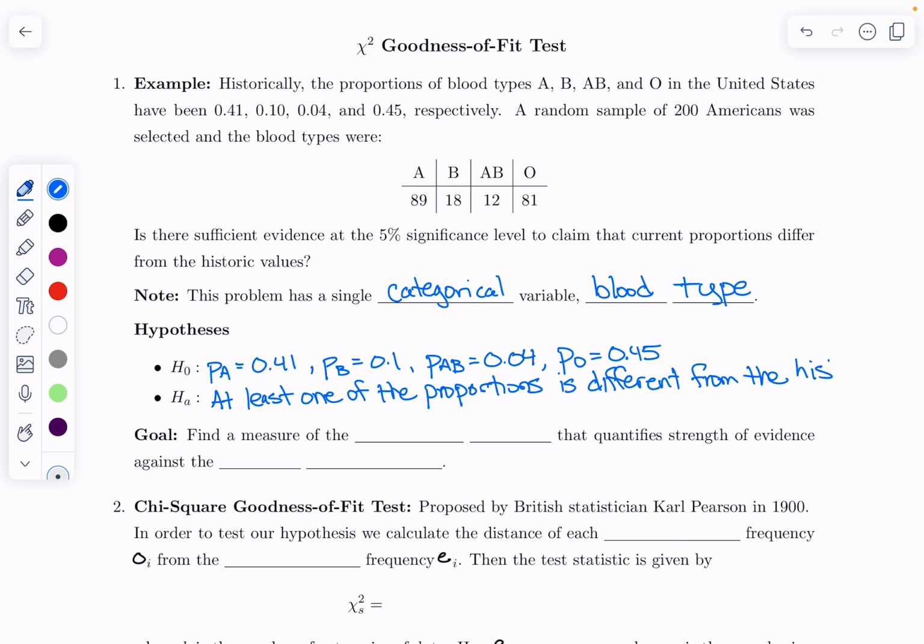So at the end of the day, with this test, I'll be able to say that at least one of the population's proportions is different from the historical values, but I won't be able to say which one.